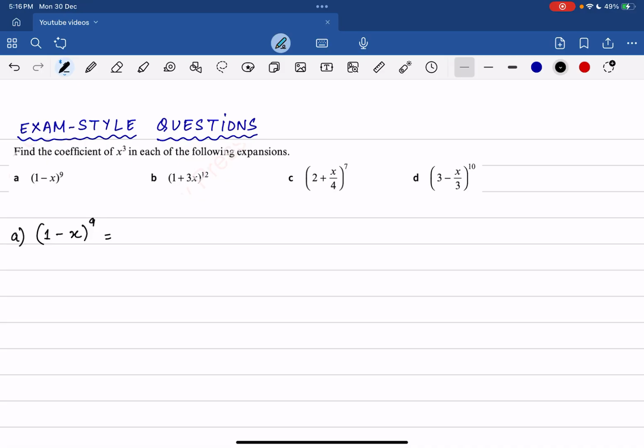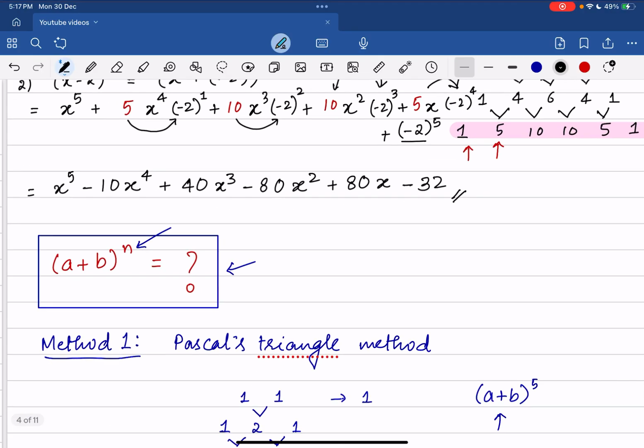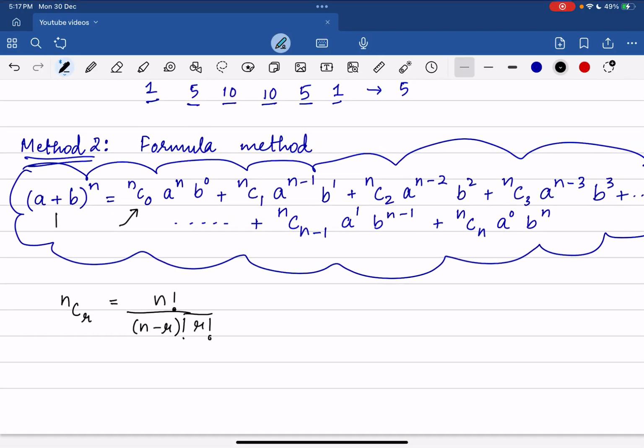Yes, what does the formula method say? It says nC0, and if I consider this as A and this as B, along with the sign, then it becomes 1 raised to 9 times... My original formula is about A plus B the whole raised to n.